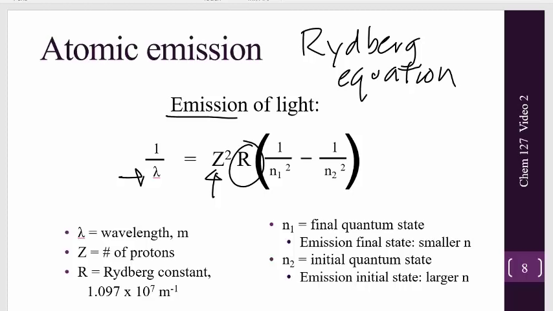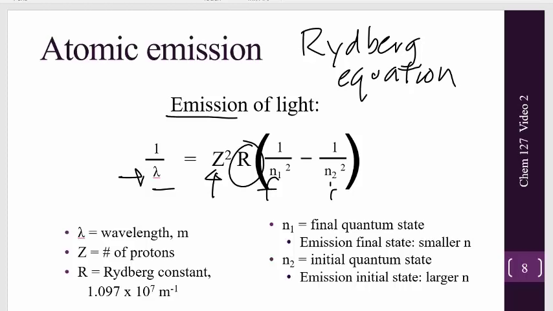So here we have the final quantum number, which will be the smaller quantum number in emission, and then we have the initial quantum number, which is going to be some larger quantum number, whatever the electron started out as. So this is relating the wavelength of the emitted light, and this is particular for emission of light.